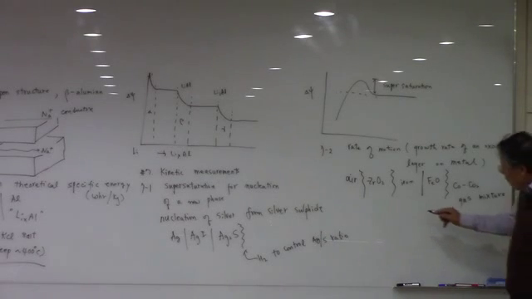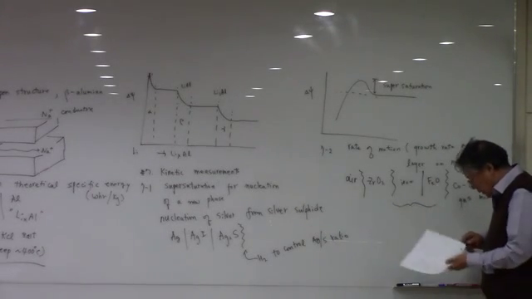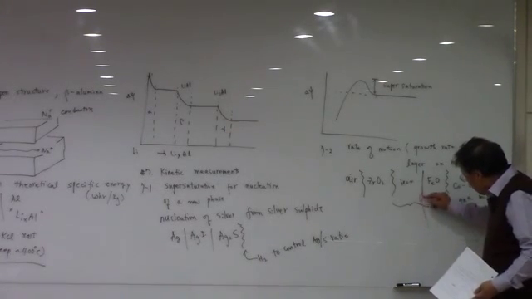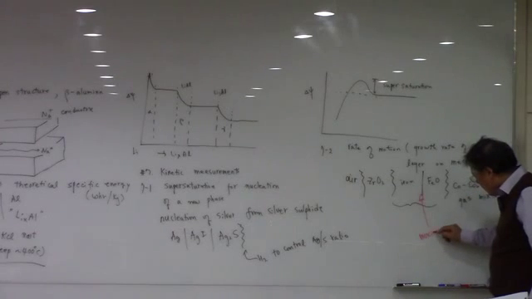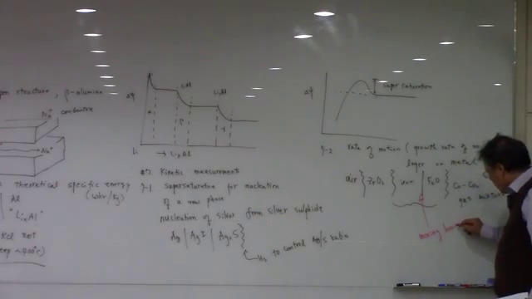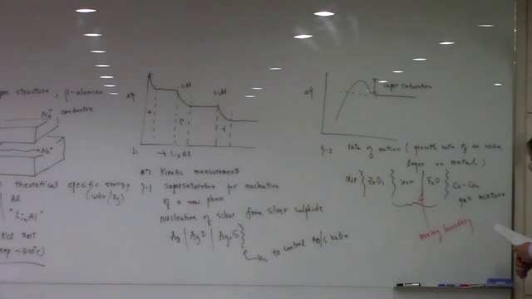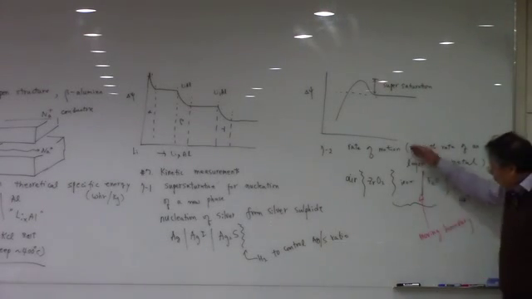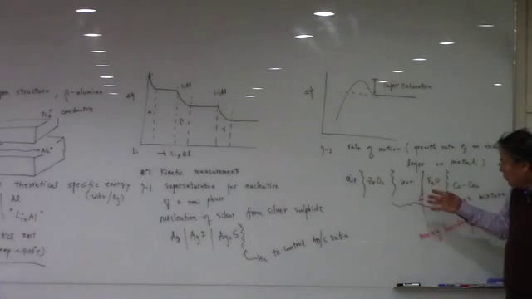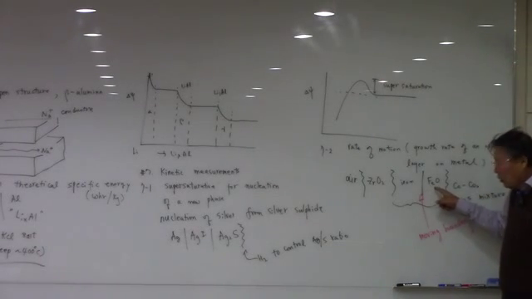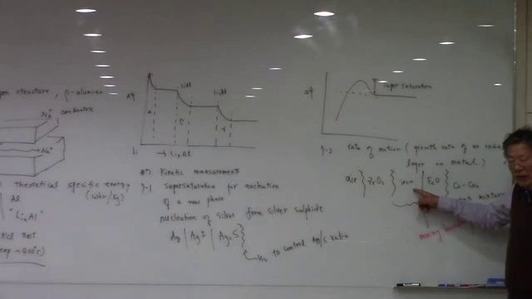Then basically what we are doing here is that we are going to have a moving boundary problem here. Moving boundary. And we have iron. We try to oxidize the surface of the iron with this gas mixture, and then we're going to create FeO on top of the Fe, right?